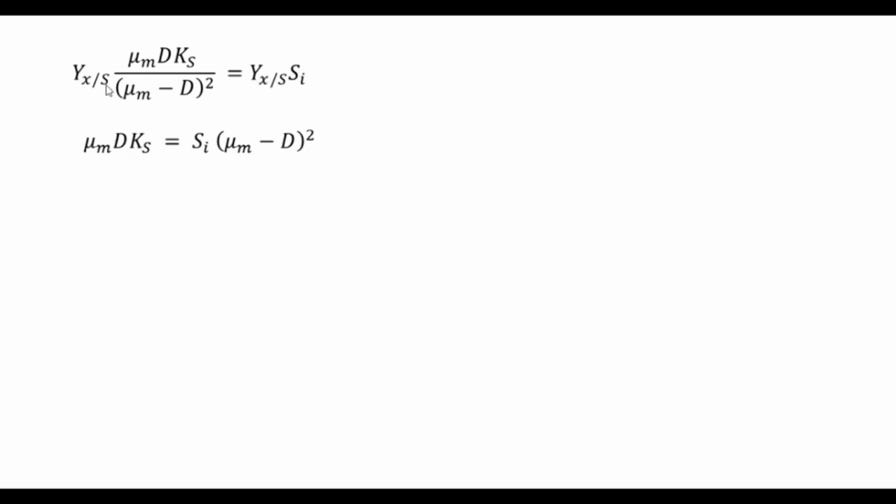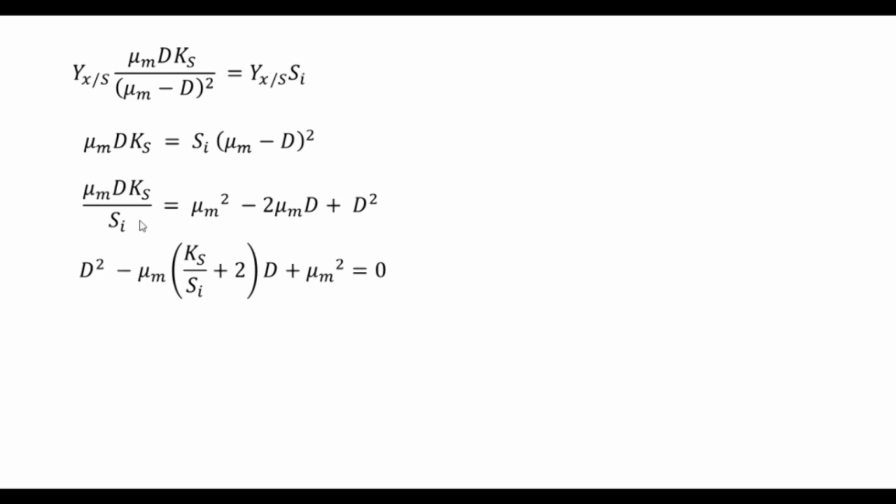Now we can cancel out the Yxs, and multiply both sides by mu m minus D squared. We get the semblance of a quadratic equation: 2D mu m Ks by Si equals, if you expand this, a minus b squared is a squared minus 2ab plus b squared, which is this.